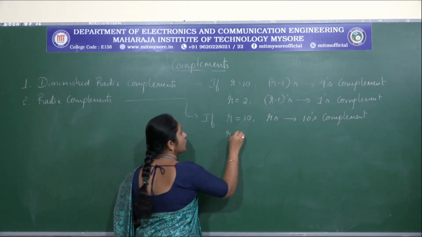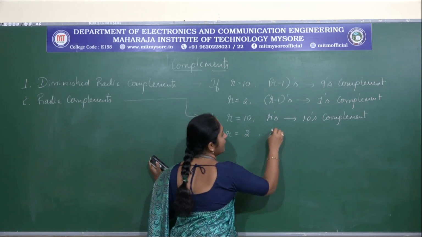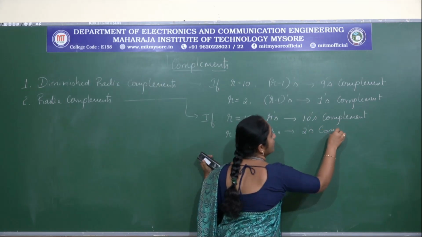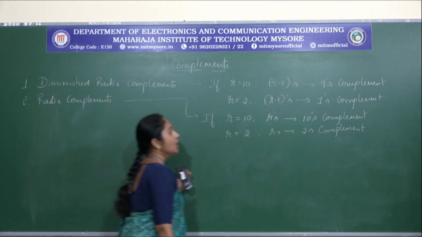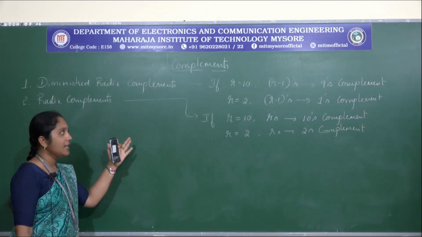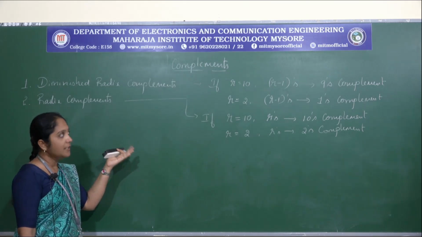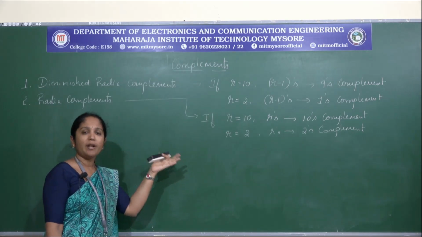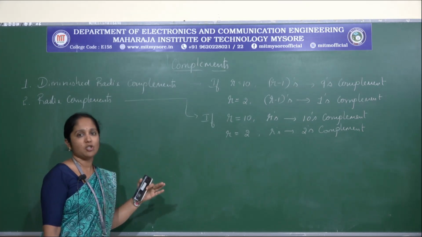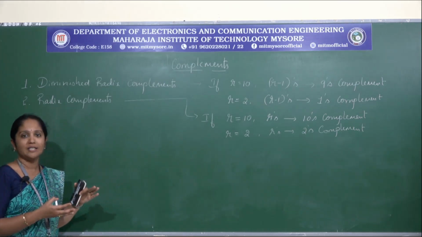And if the base is 2, it is again represented as r's complement, which means 2's complement. Therefore, in today's class we will be learning about r's complement and r minus 1's complement, in other words 10's complement, 2's complement, 9's complement and 1's complement. These are the four different types of complements we are going to learn today.